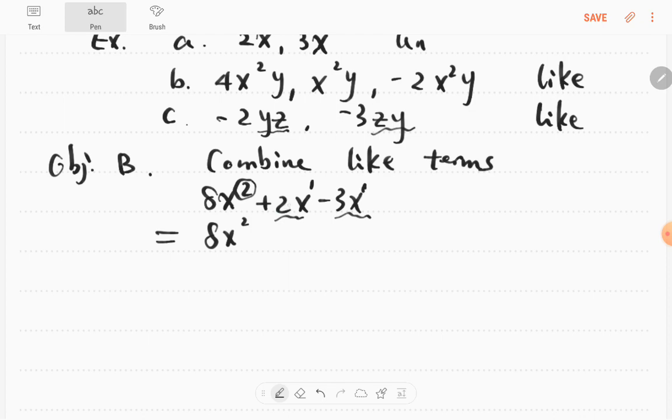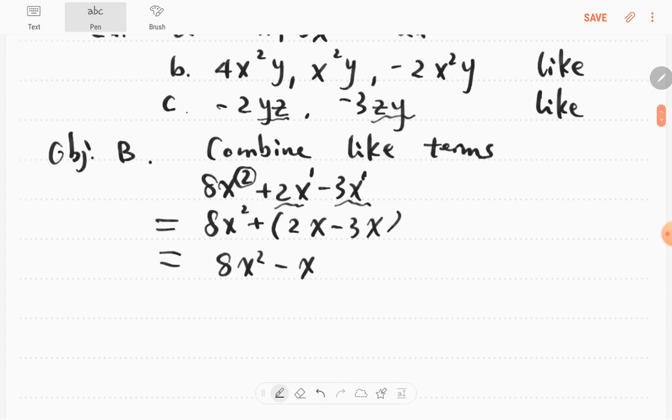So we only focus on the coefficient of these two terms. So for this one, it's plus 2, and this one is minus 3. So we will combine these two. We'll get this one. So we work on the coefficient of this two terms. It's 2 minus 3. So we will get minus x.